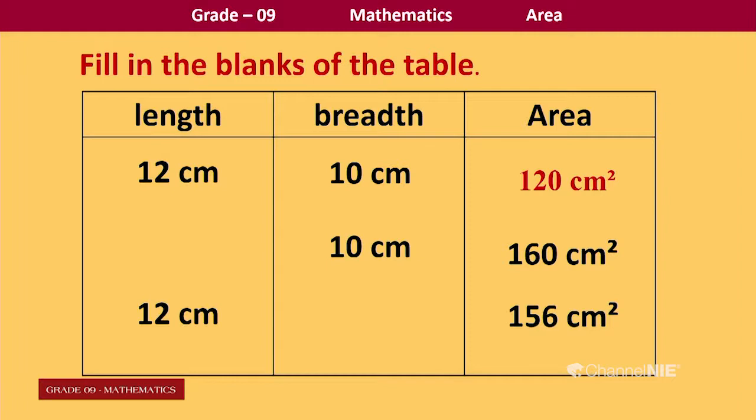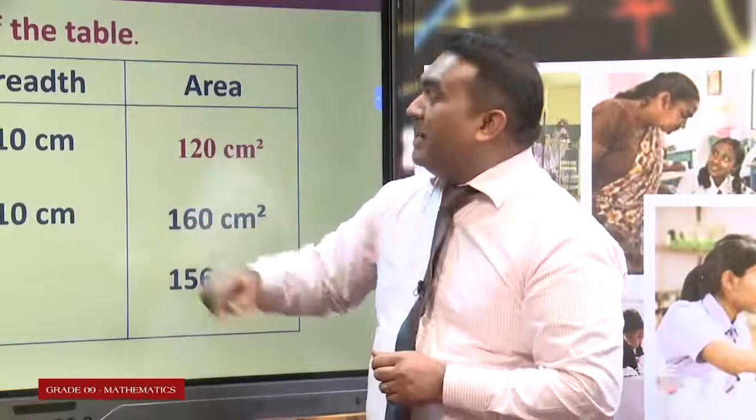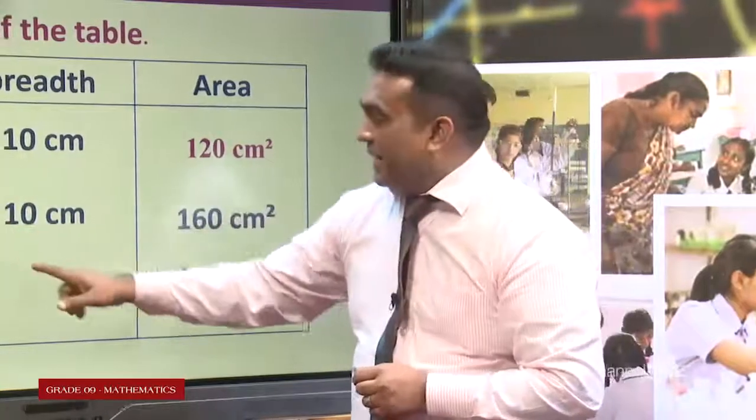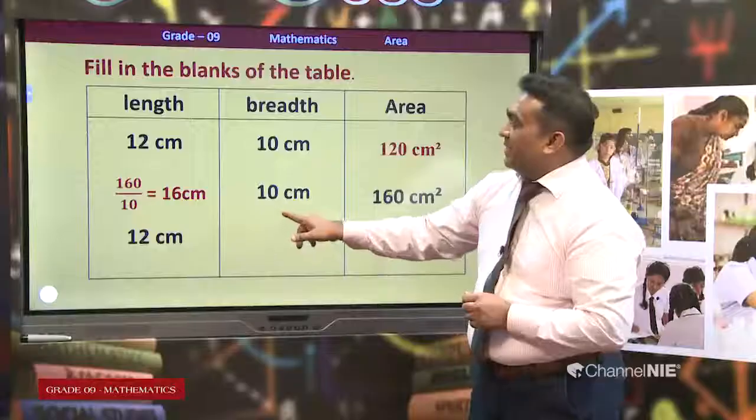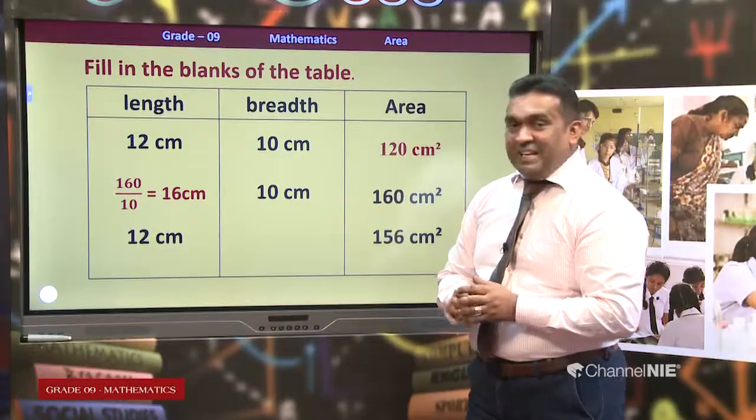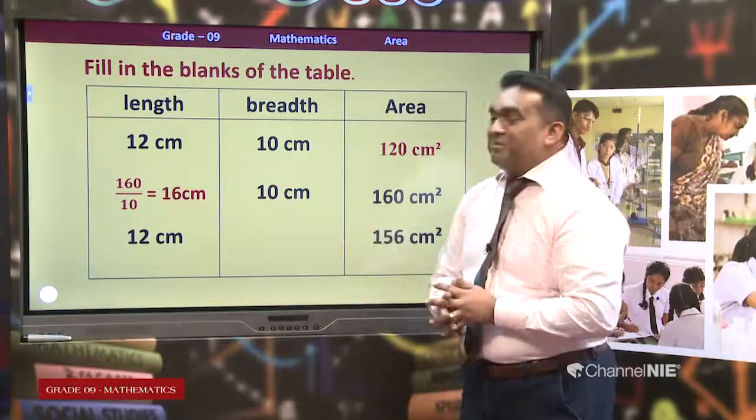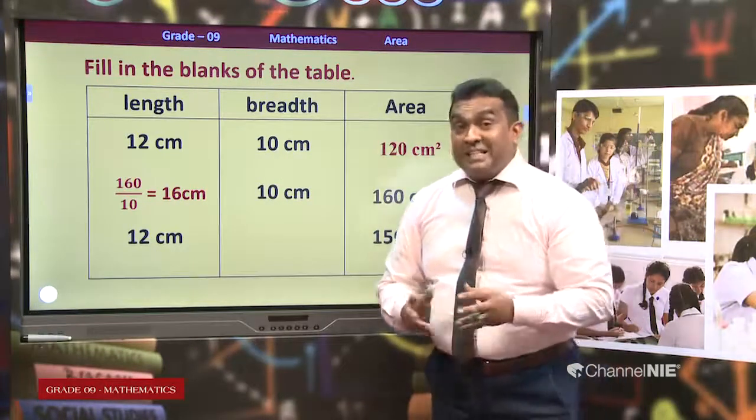Then we want to find out the length. According to our previous formula, area should be divided by breadth to find the length. Area is 160. It should be divided by 10. Then you have 16 centimeters.